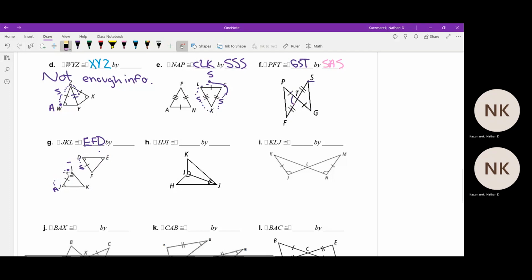How come in my first triangle, I have all of them in a row? See how that tick mark's in between those 2 angles that are marked? Is there a tick mark in between the 2 angles marked here? No. So yeah, I have one of the same side, but that side's not between my angles.